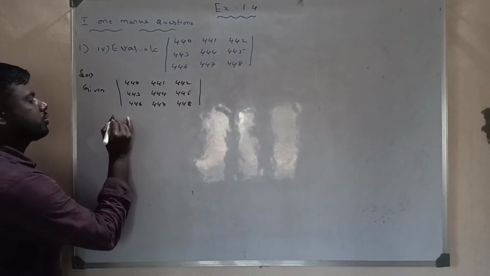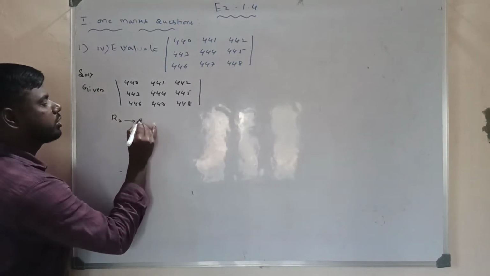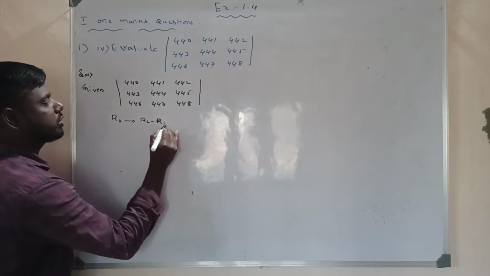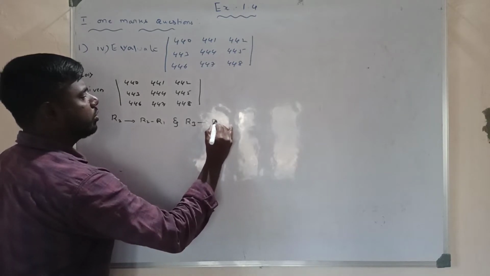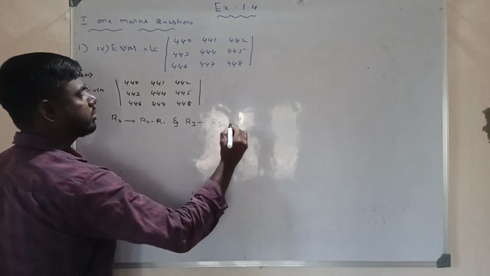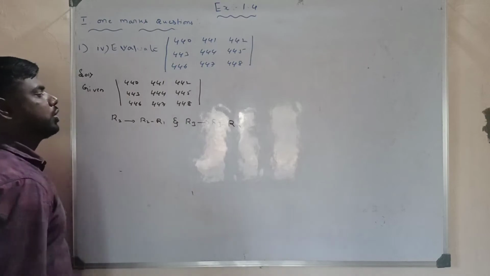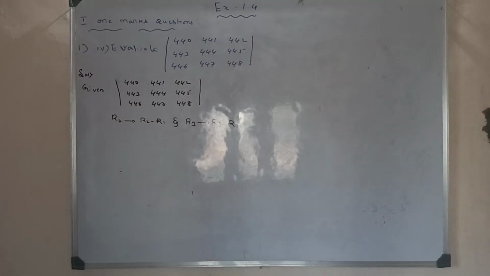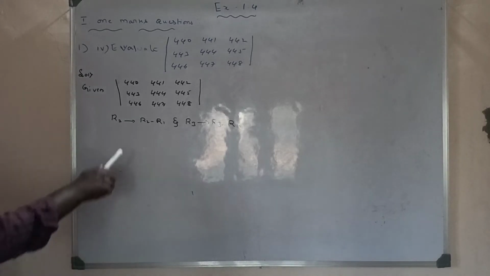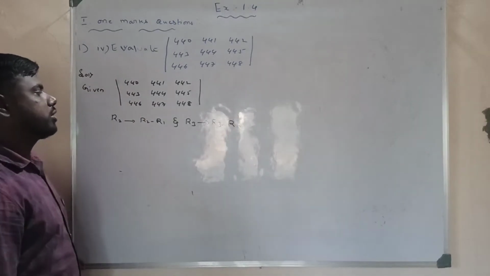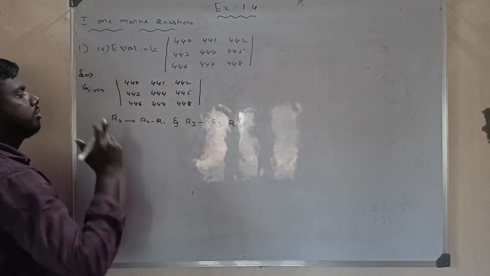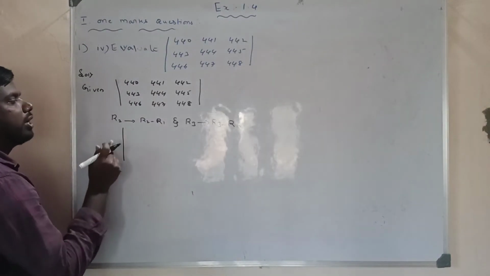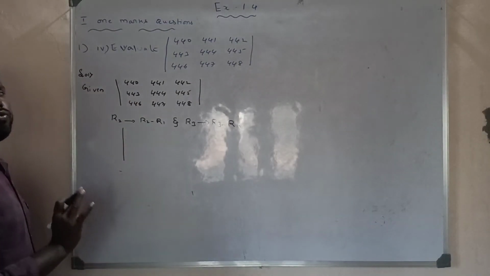Second row changes to second row minus first row, and third row changes to R3 minus R1. Okay, so only the second and third rows change, the first row does not change.